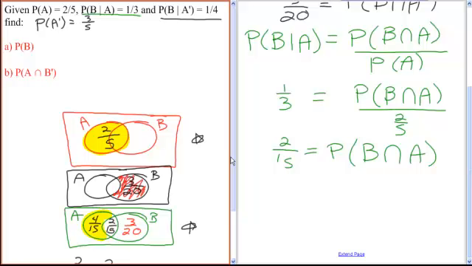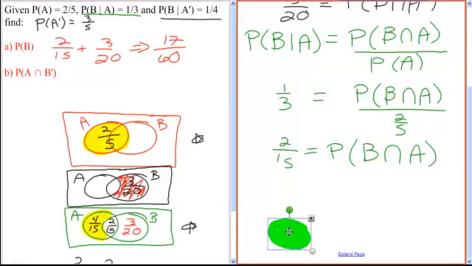So if I want the probability of B, I want the probability, it's a different color here, of all of B. I want all of that information in there. So if I want B, I have to take 2/15 and add 3/20. When I do that, I get 17/60 when you get common denominators.